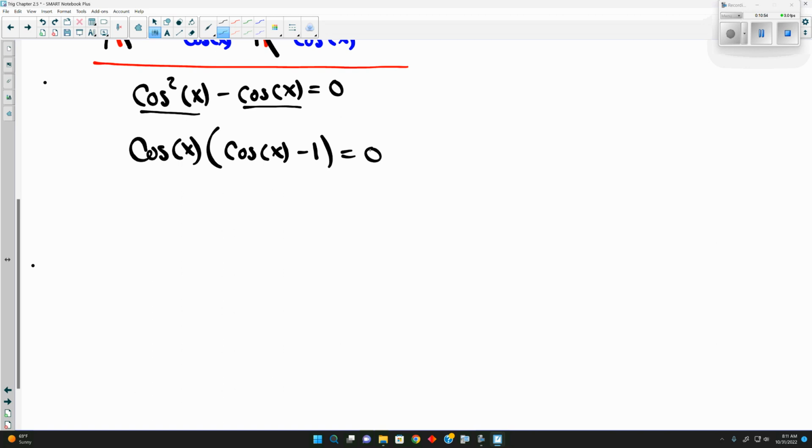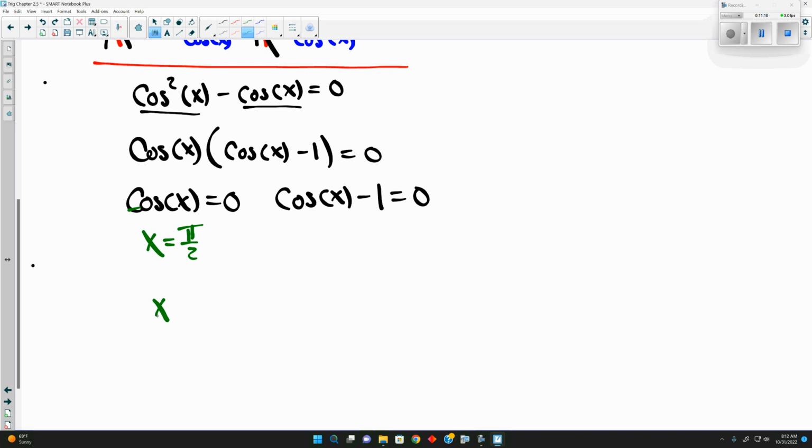Because we have two things multiplied together to equal 0, one of them must be 0. Now cosine of x equals 0. That tells us x is equal to pi over 2, or we could also have that x is going to be 3 pi over 2.